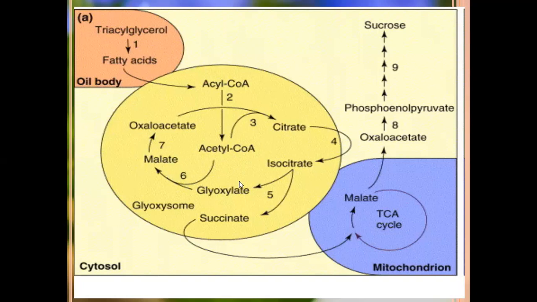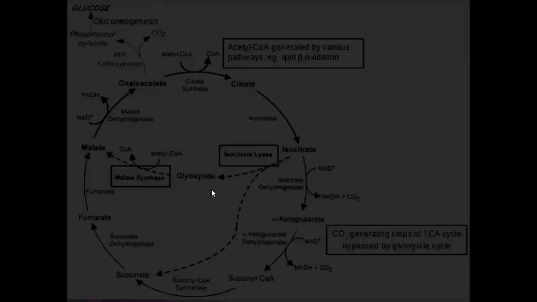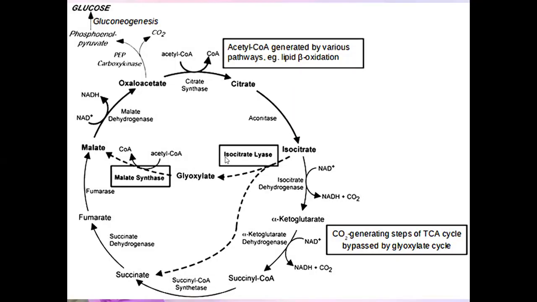These are the 2 enzymes of this glyoxylate cycle. What are the 2 enzymes here? One is isocitrate lyase and the second one is malate synthase.